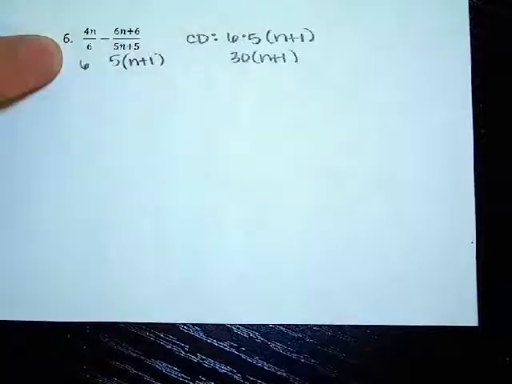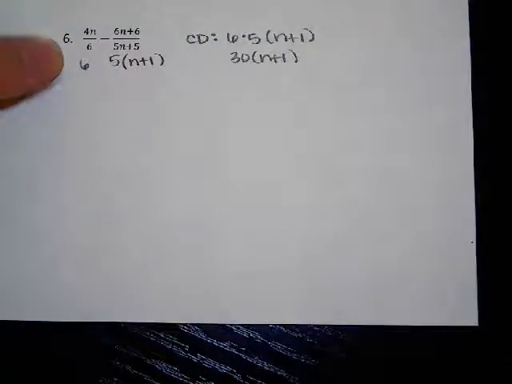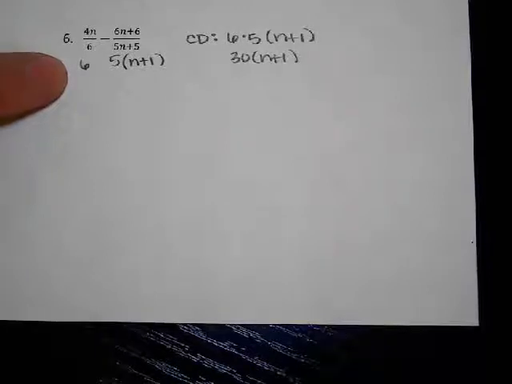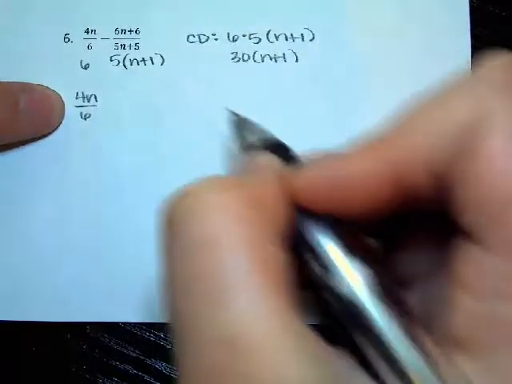Okay. So your first fraction only has the 6. So what does it need? Needs the 5 and an n plus 1. So we're going to write 4n over 6, and then it needs the 5 and the n plus 1. So there's our first fraction.